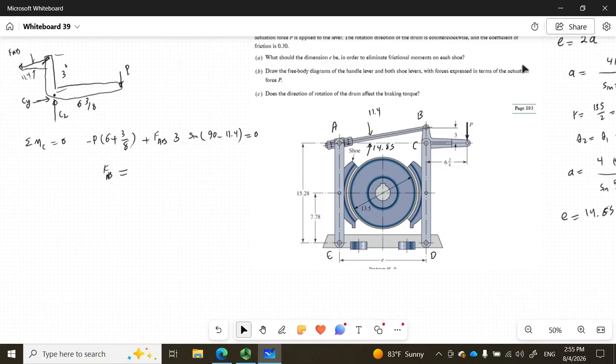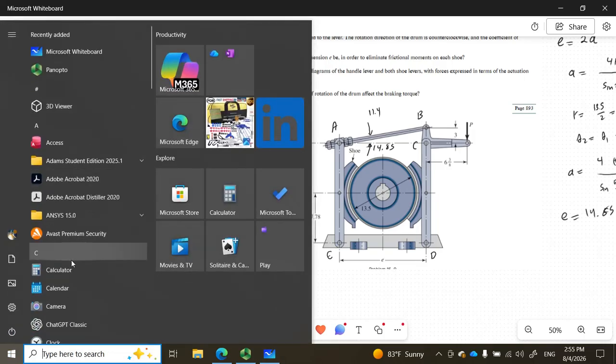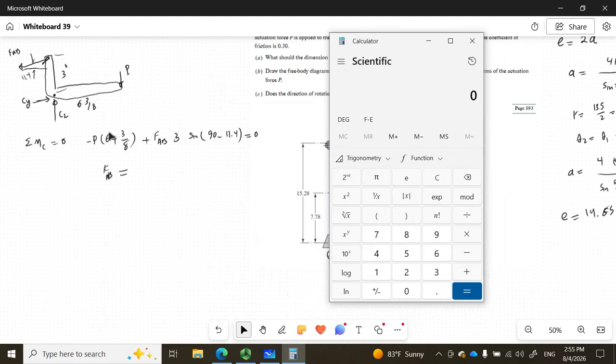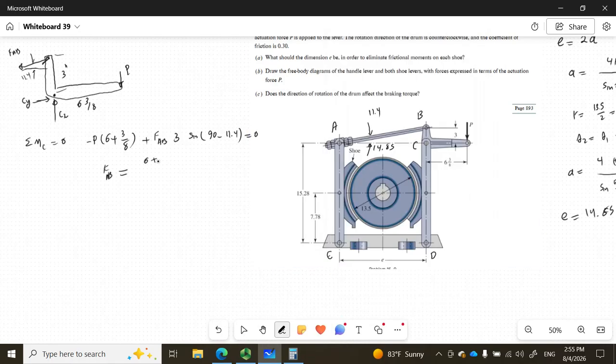So from here, FAB equals, let's take this to the other side, 6 plus 3/8 divided by 3 times sine of 90 minus 11.4. Let's find FAB.